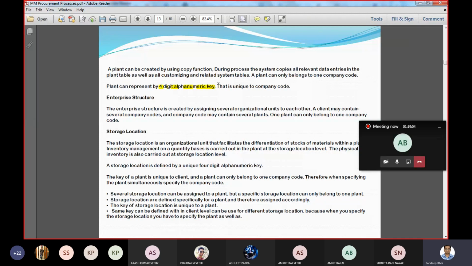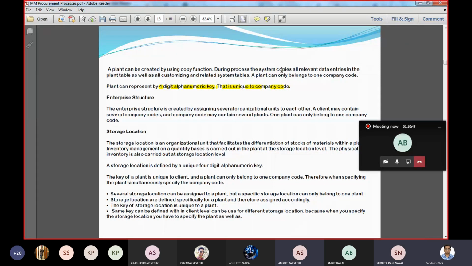The important thing to remember here is that this is unique to the company code. Many times questions can be asked like this: is a plant unique to the company code or unique to the client? Unique to the company code.